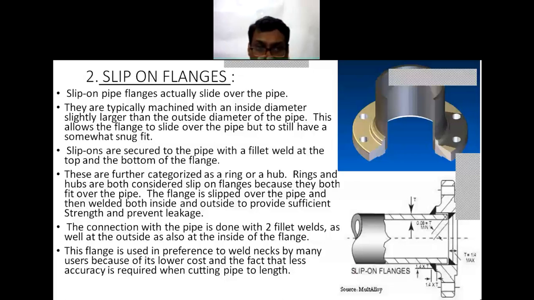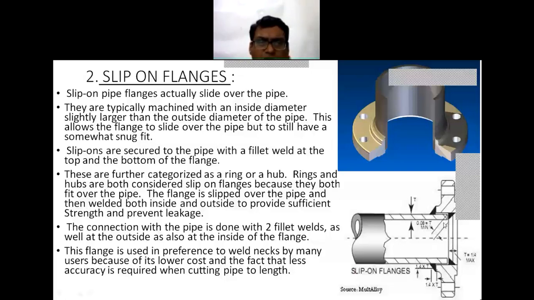They are typically machined with an inside diameter slightly larger than the outside diameter of the pipe. This allows the flanges to slide over the pipe, but to still have a somewhat snug fit. Then slip-ons are secured to the pipe with a fillet weld at the top and the bottom of the flange. These are your fillet welds at the top and the bottom of the flange.